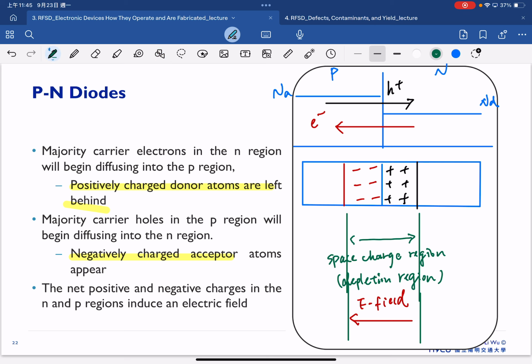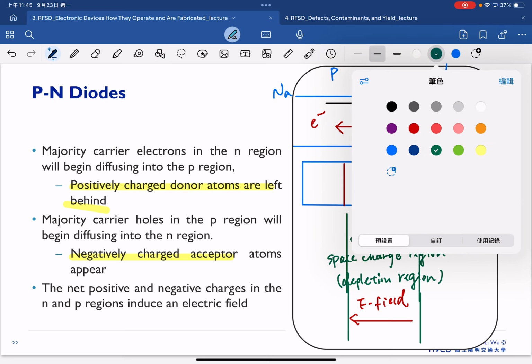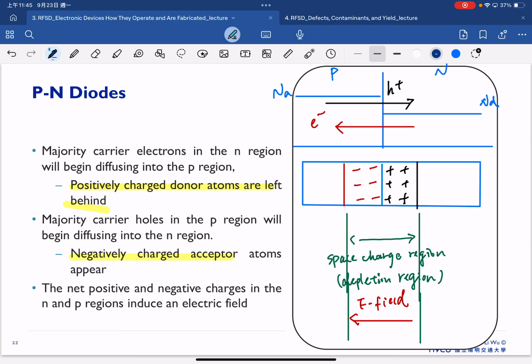And we also have the hole diffusion toward the right, and the electron diffusion toward the left.